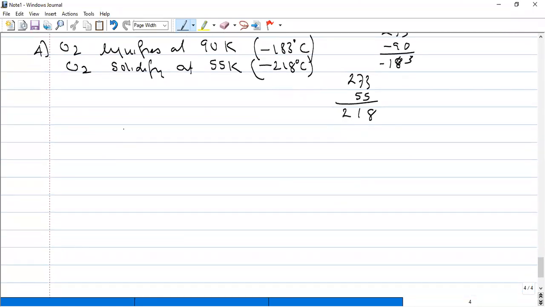Oxygen is paramagnetic, that we know, because that is one of the properties. Anomalous behavior of oxygen. Oxygen is paramagnetic.